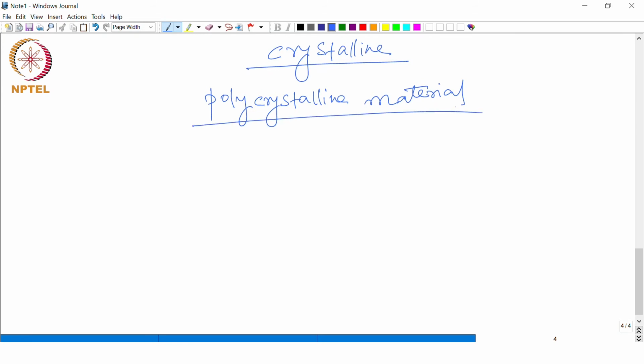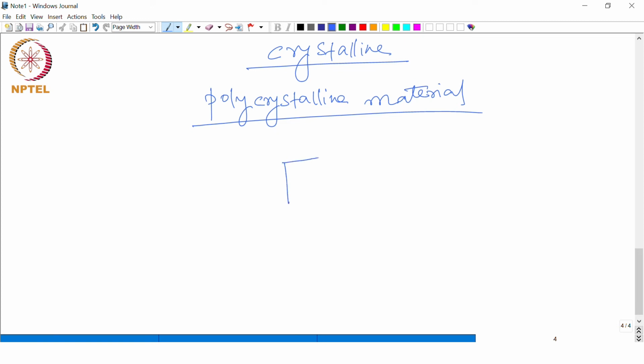And the structure of a polycrystalline material can be defined by a unit cell, which actually corresponds to a particular crystal structure or a particular lattice structure.